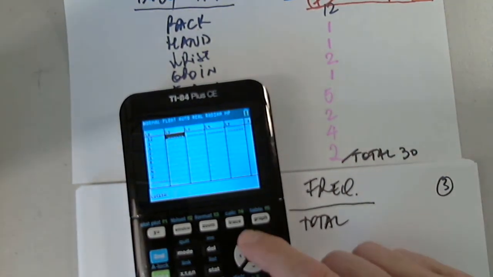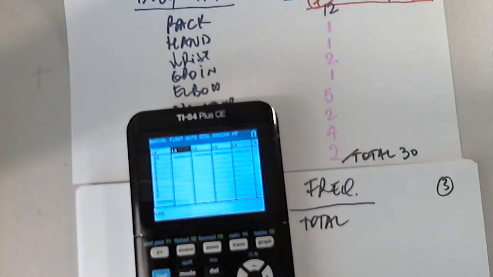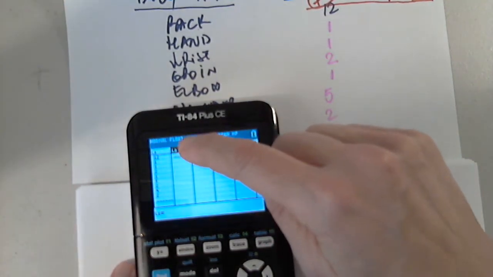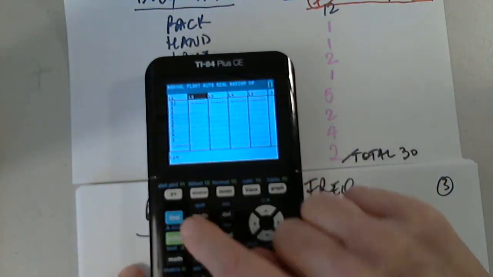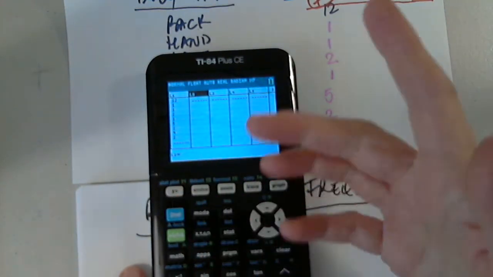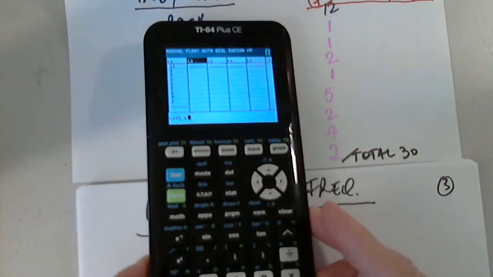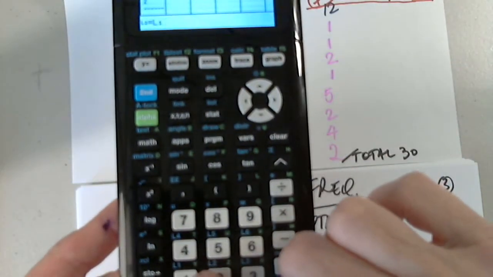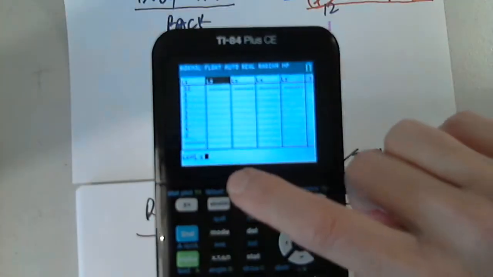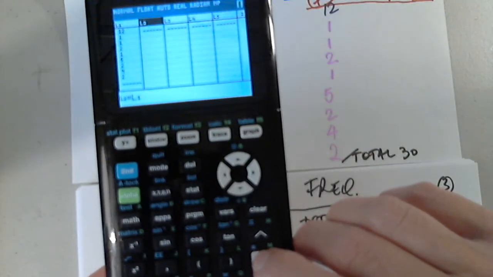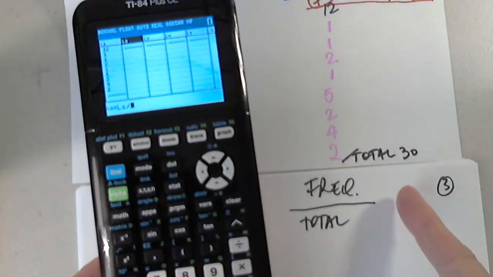Now go back up, highlight L2. Are we all there? With L2 highlighted, press the second key, and my calculator is blue, but you may have yellow. Second, list L1. So second and 1, which gives me list L1. As you see, list L1 is here. And divide by, what was the total?